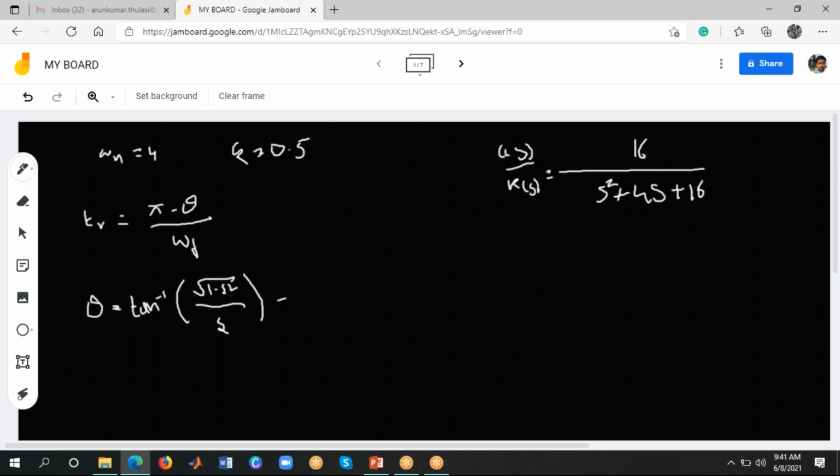Similarly, omega d is equal to omega n times square root of 1 minus zeta square. Find the theta and omega d values.